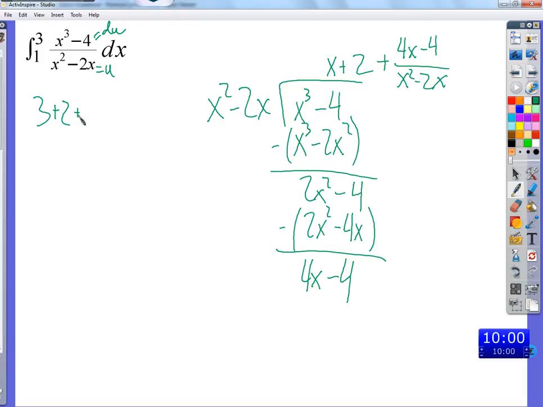Plugging it in right now, trying to figure them out. Plus 4 times 3, 12, minus 1 would be 8, over 3 squared, 9 minus 6, 3.